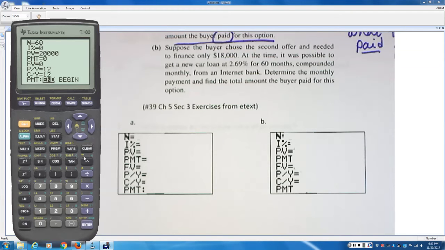You can solve and get your future value, which is going to be 0. If I solve for those payments, it says you pay $333.33 a month.